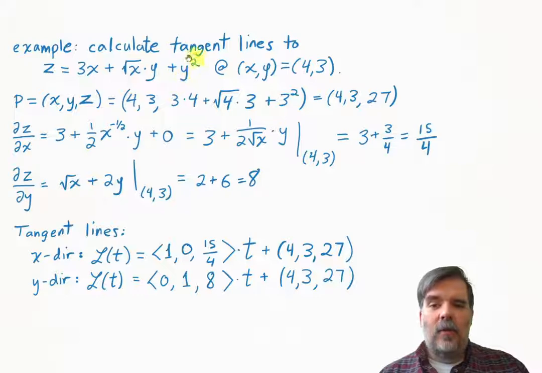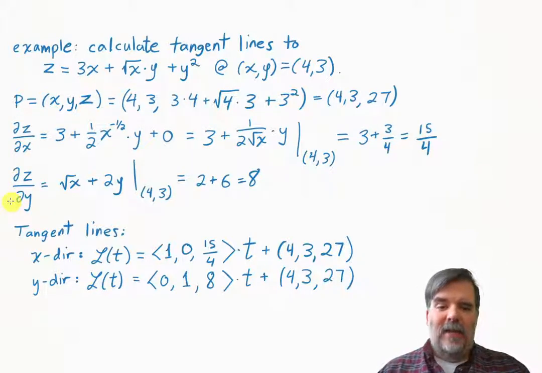And the derivative of y squared with respect to y is 2y. So here's our expression. We'd like to evaluate it at (4, 3). That turns into the square root of 4 plus 6. That's 2 plus 6, which is 8. And that's our partial derivative with respect to y. We need that for the slope of the tangent line in the y direction.